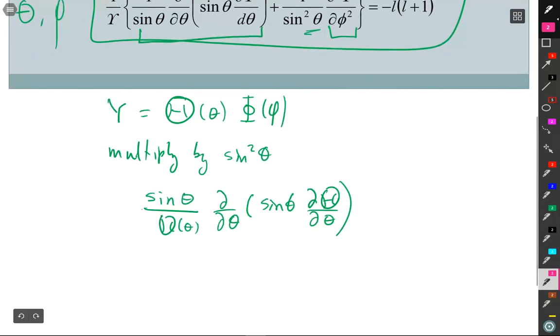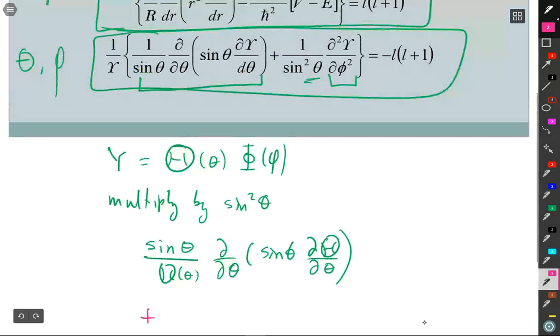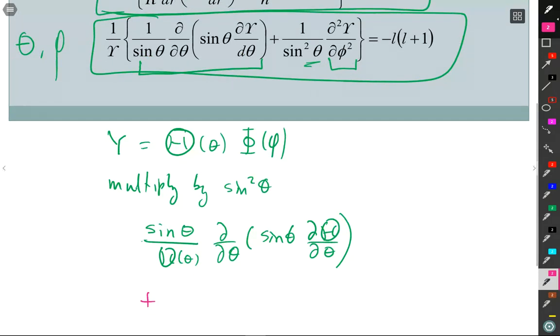My second term, remember I multiplied by sine squared, so there's no sine squared. D second phi, d phi squared, and I have a 1 over phi out front. The theta canceled out, equals minus sine squared theta L times L plus 1.